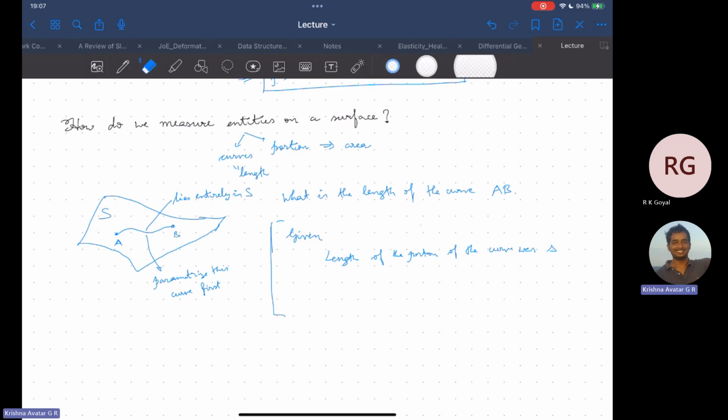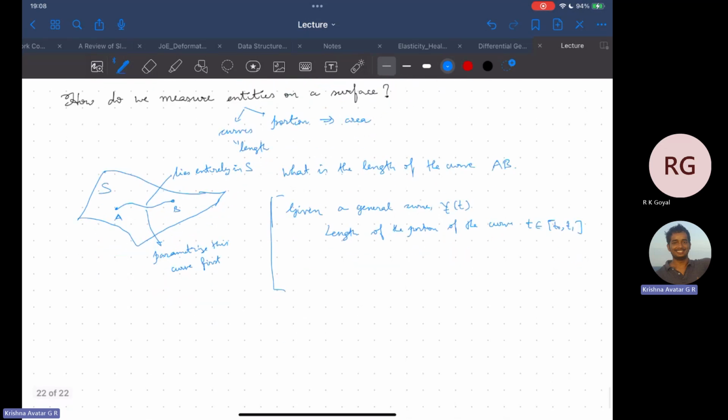So we want to know for a general curve. So given a general curve, not specifically parameterized, and we call it gamma vector as a function of t. In that case, the length of the portion of the curve, which means that t is an element of t0 to t1, just this portion in the parametric space.